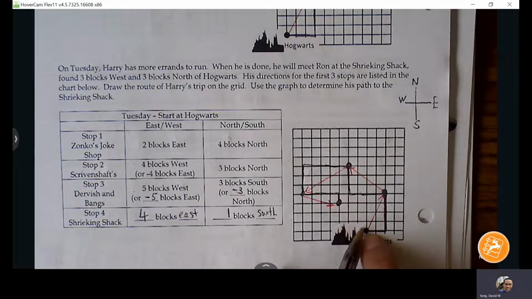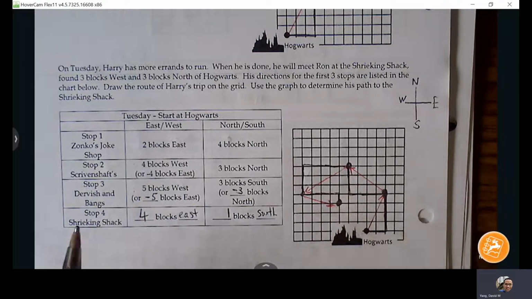And we see that the displacement for Harry and Ron is the same. Obviously Harry traveled a much longer distance, but displacement wise, they're the same value. Remember, displacement is just comparing the distance between your starting and your ending location.